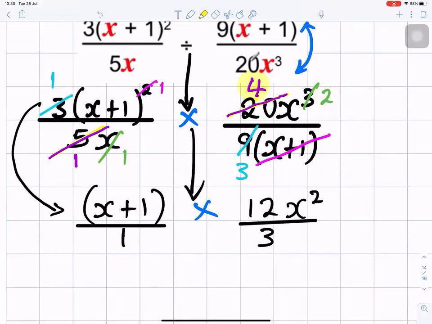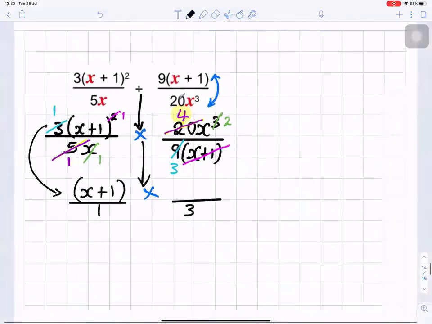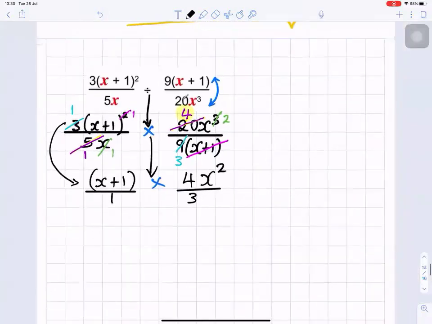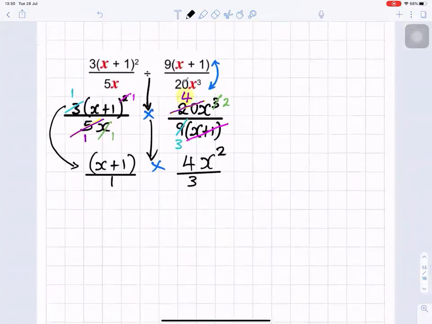Isn't it 4x squared? It's just x squared. That would have been the biggest mistake. It is just 4 and then x squared, divided by 3 at the bottom. Now we can put it together. I always like to put numbers in front. So it's 4/3 and then the x squared and then x plus 1.